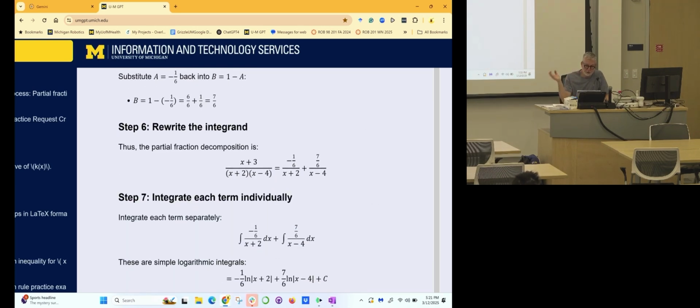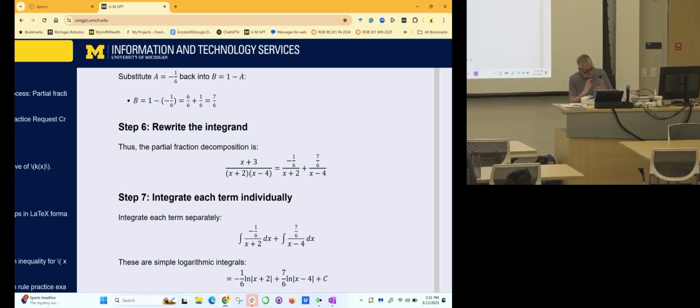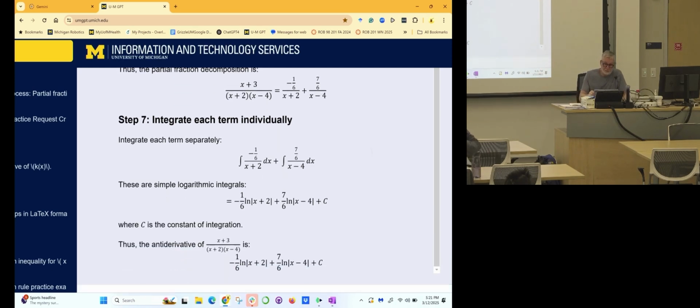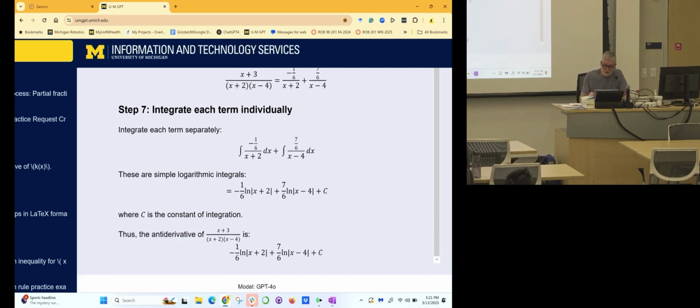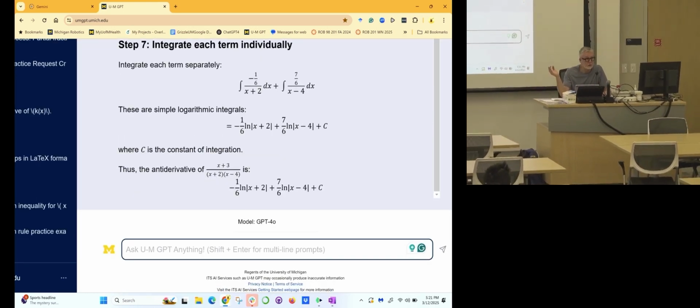Rewrite the partial fraction. It's using the word decomposition. I think it's an expansion because it was all compact and we expanded it out. And then we know how to integrate each of the terms. And then that's why you get the answer like it is, because we know how to do 1 over x plus minus a real number.